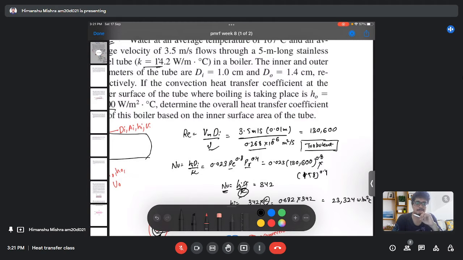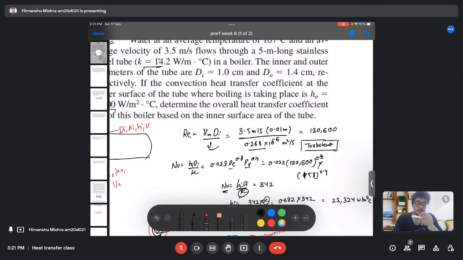So for the inside heat transfer, which takes place due to convection, you again can guess that you need the inside heat transfer coefficient, which is not given in the question. So for that, you use the Nusselt number correlation that we have used in the past week.